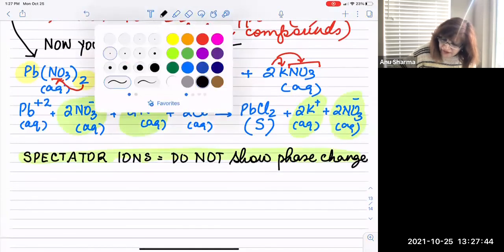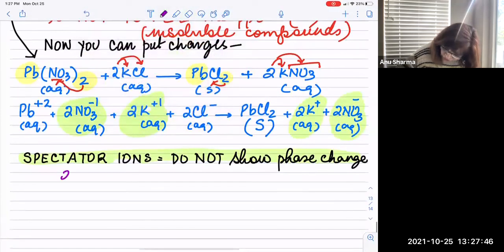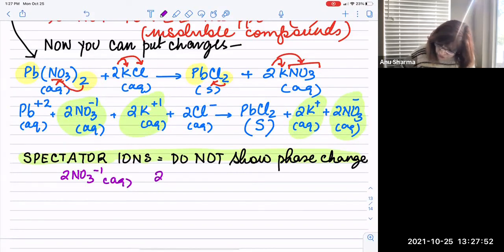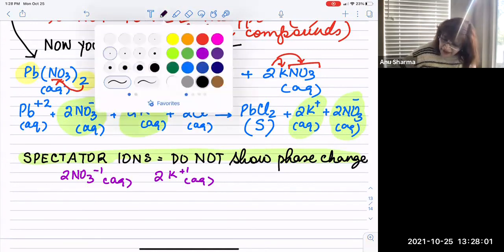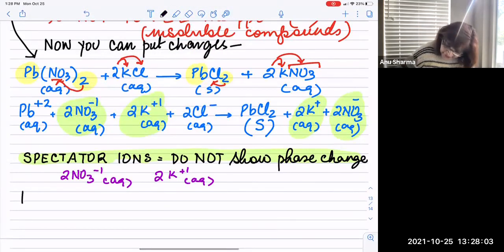We have here the 2 nitrates, NO3 with -1 charge, aqueous, and 2 potassiums with plus 1 charge, aqueous. Next is the net ionic.